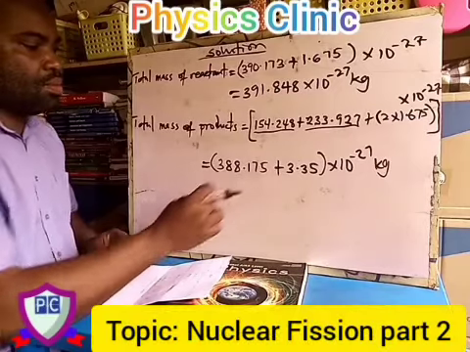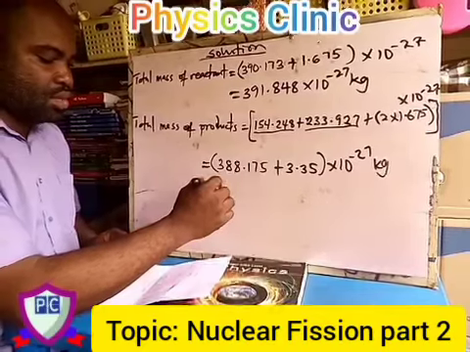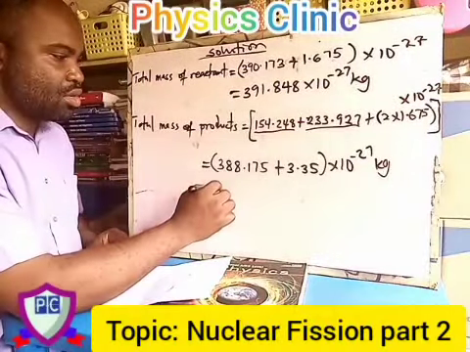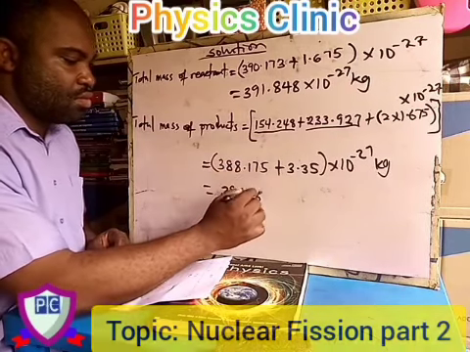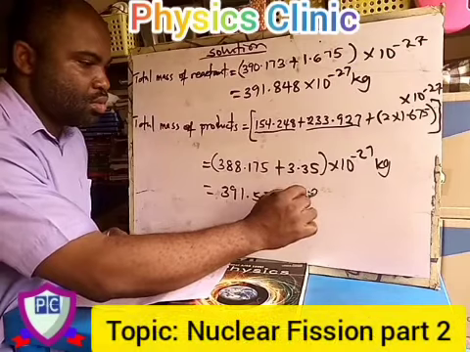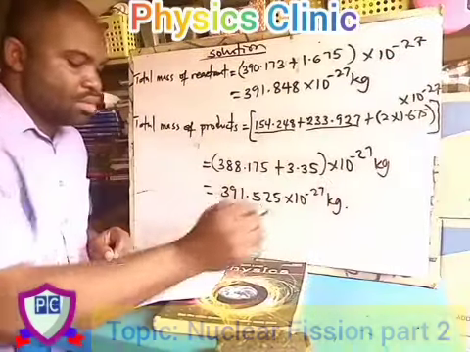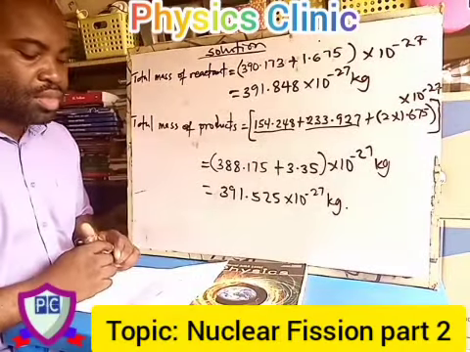So if you add up this and this, we are going to have the total mass of the product to be 391.525 times 10 raised to the power minus 27 kilograms. This is the mass of the product.